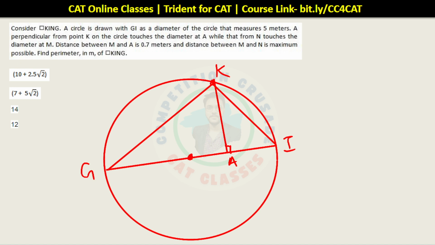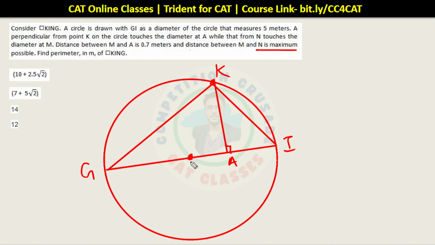Now this is an interesting bit. Why is this given? The distance between M and N is maximum. We know that N is going to be a vertex of the quadrilateral, and M is going to be that point on the diameter for which this distance is maximum. Where exactly will it be maximum?